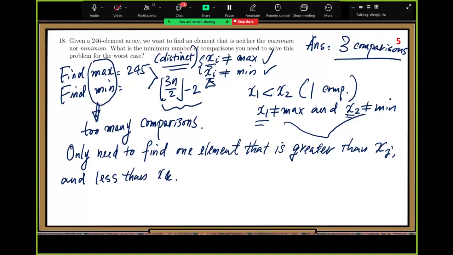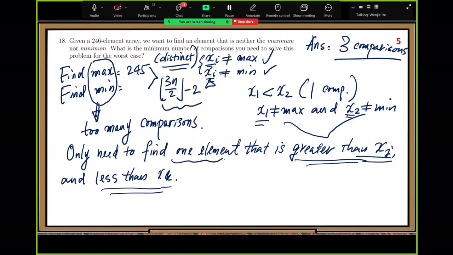Then we solve the problem. One element satisfying these two conditions, then we solve the problem. Here you can see in this statement we only mention three elements, right?